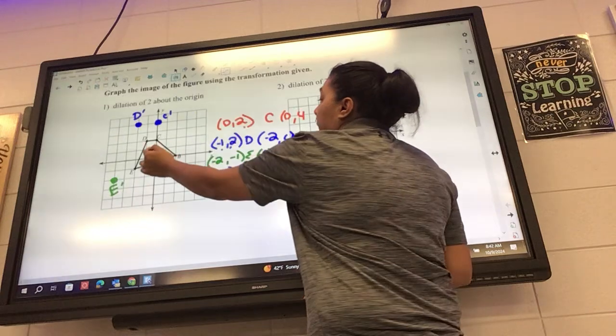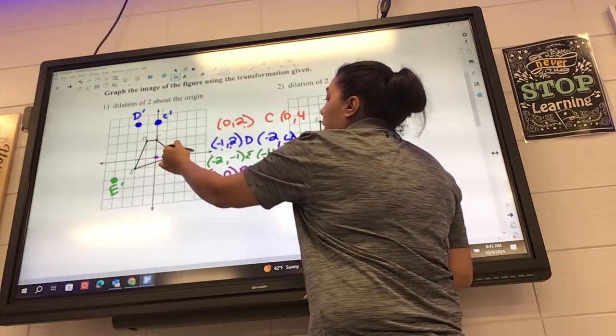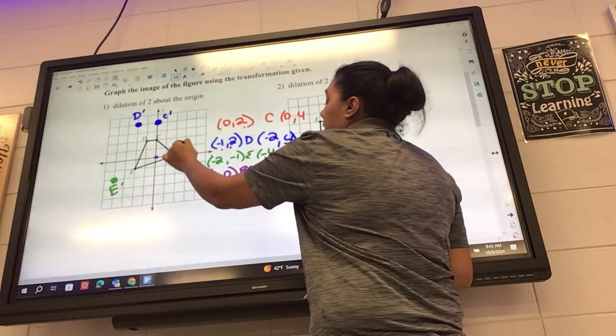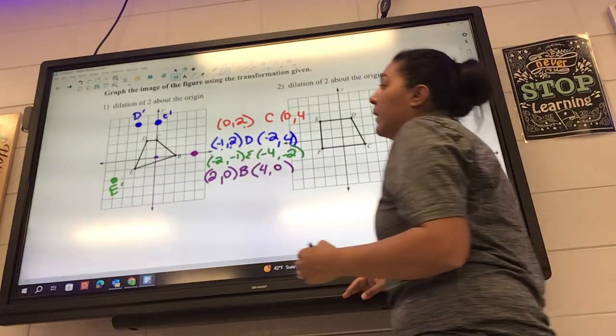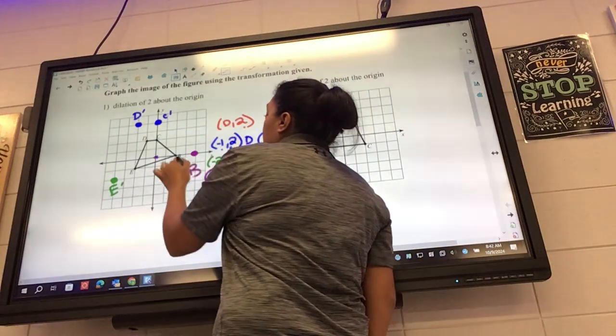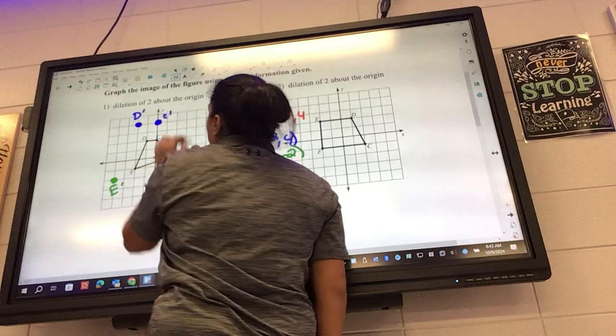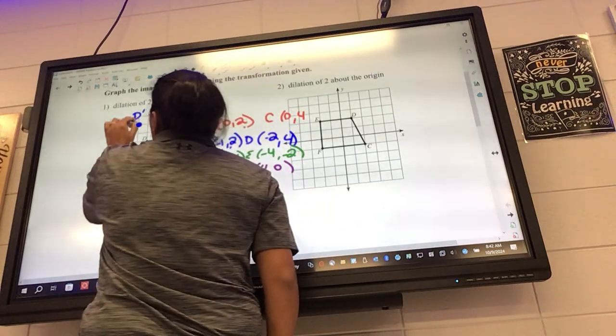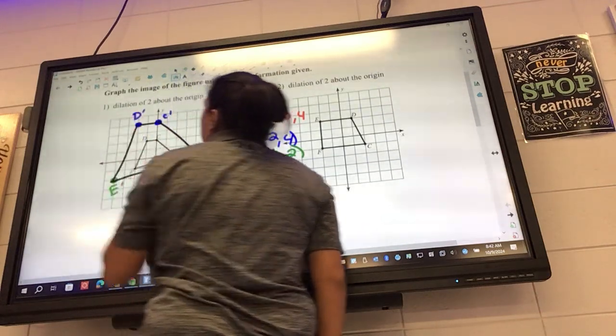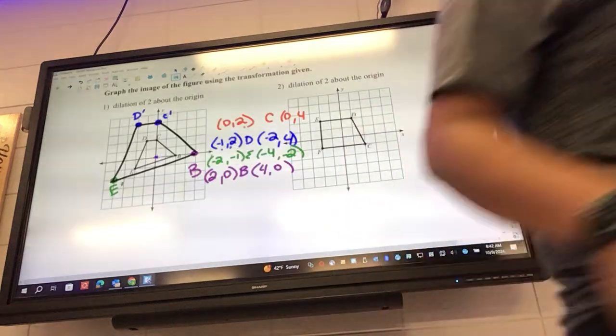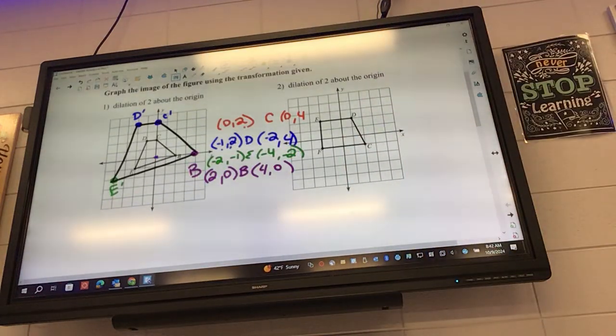So we're going to go right 4, 1, 2, 3, 4, and over 0, or up 0. This is my new B. Then we can connect all of our dots, and that's my new shape. So it's still the same shape, it just made it bigger by an enlargement of 2.